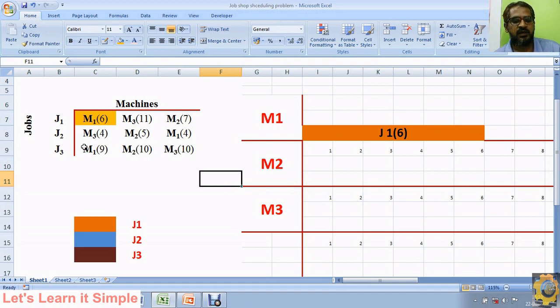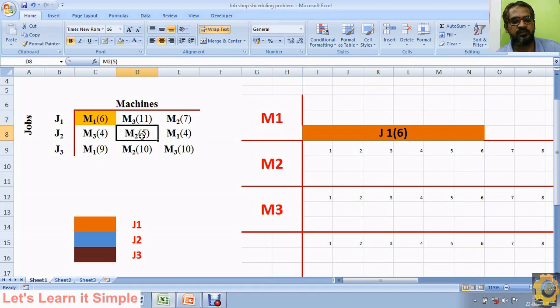Next, I need to select M2. If you want to machine some jobs on M2, there are some priorities, like some precedence. Jobs need to come to M2 after M3 for job 1.